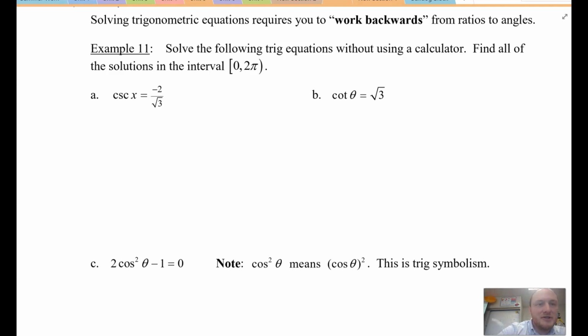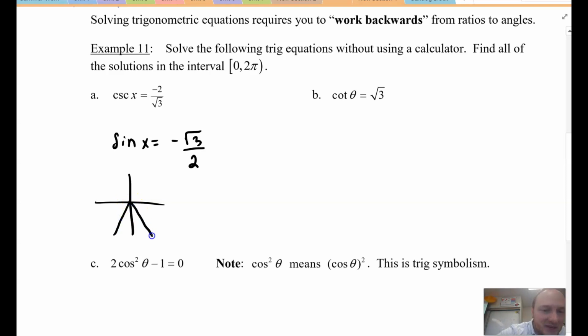What they're asking us here is, where is sine of x equal to -√3 over 2? Remember that these are y values. If I draw my unit circle, sine is negative in quadrants 3 and 4, and we want a -√3 over 2.